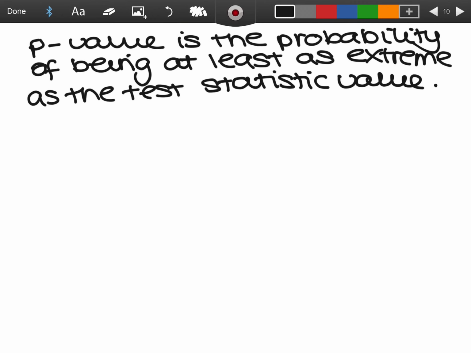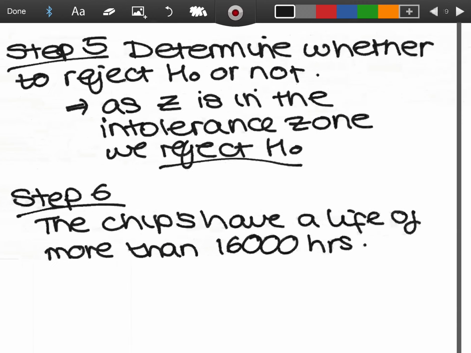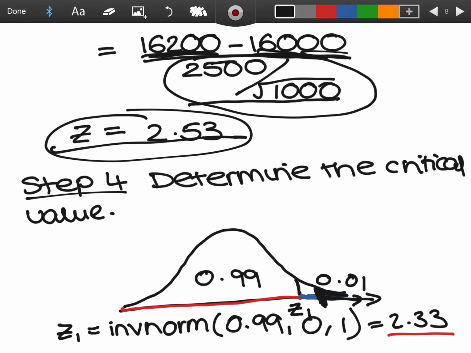That's how we drew it out and figured out our values. If you look at a picture, alpha in this case was the area under the curve where you went from Z1 and to the right. It was that area under the curve.